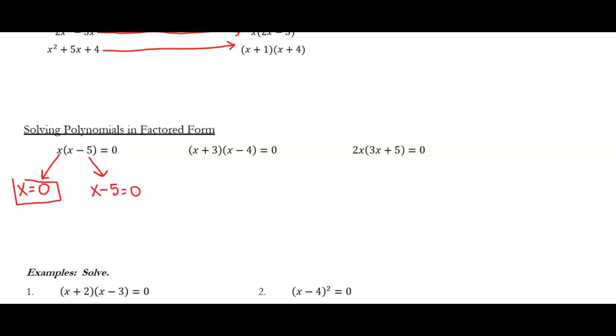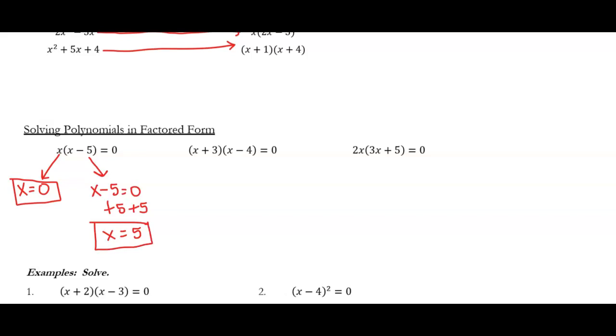This one is already solved. So we know that if we plug in a 0, when we multiply it out, we'll get a 0. But then for this one, I solve this equation by adding 5 on both sides. And I get x as 5. So if I plug a 5 into the equation here, when I multiply out, I'd also get a 0. And so those are the two answers that when I plug in will give me a 0.